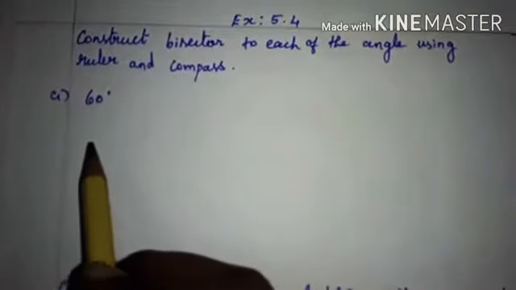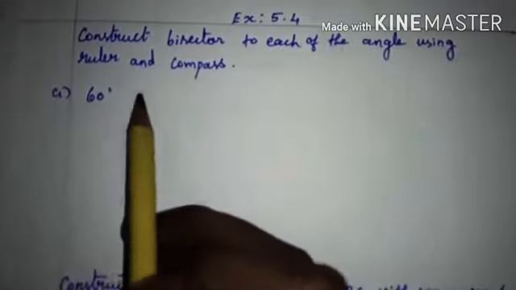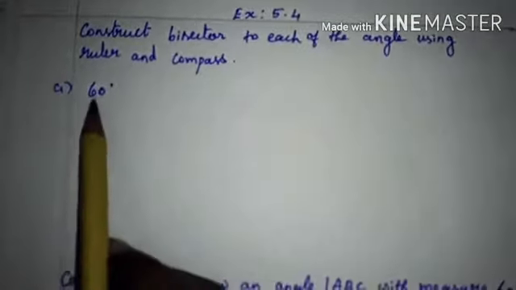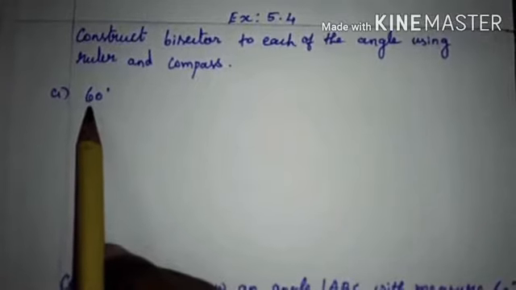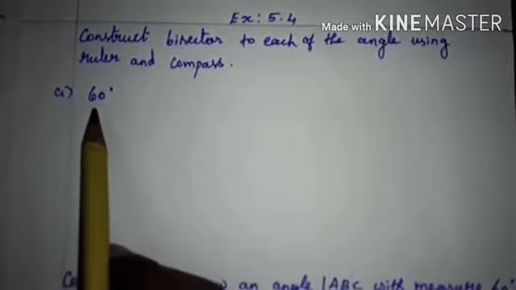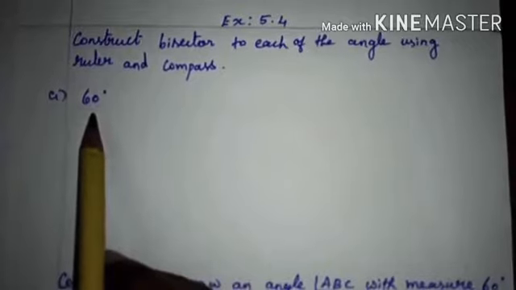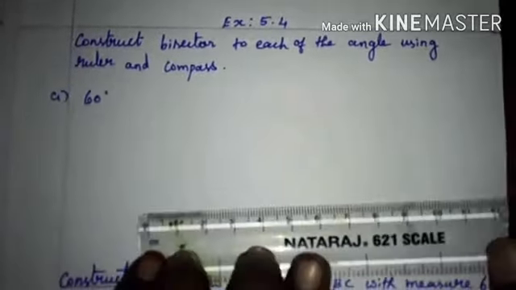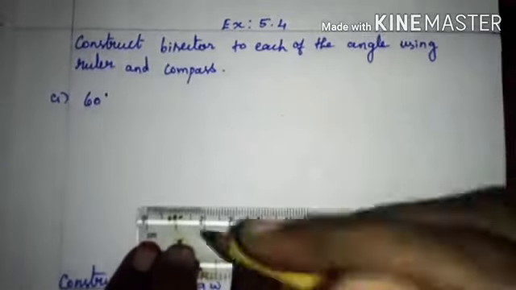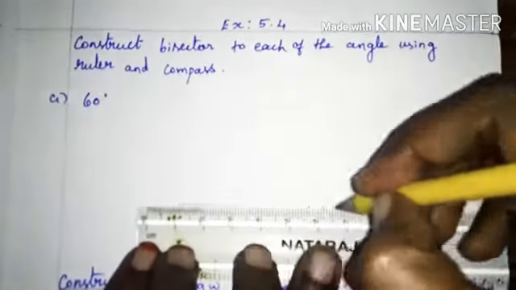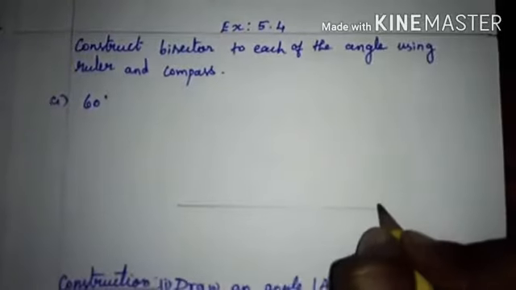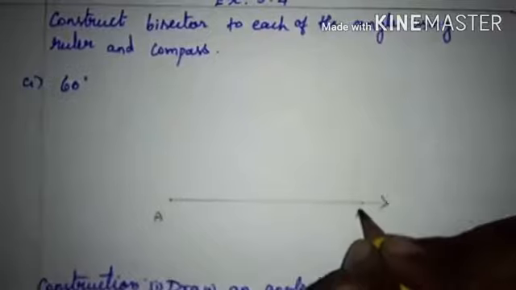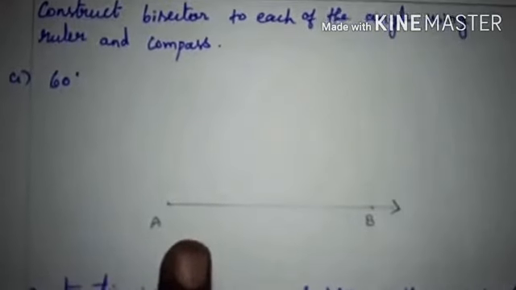Now we can see how to construct an angle bisector for the given angle from exercise 5.4. First sum, 60 degrees. To construct an angle bisector, first you have to construct an angle of 60 degrees using a protractor. For that, first draw a ray BA.